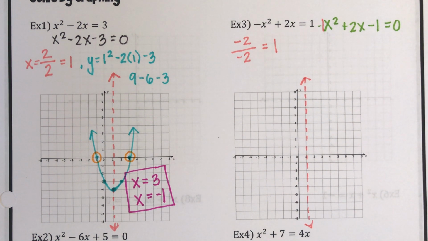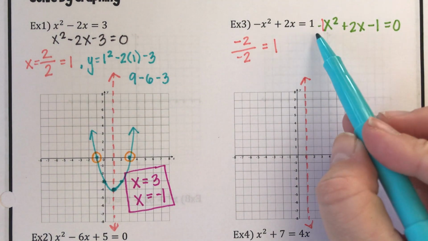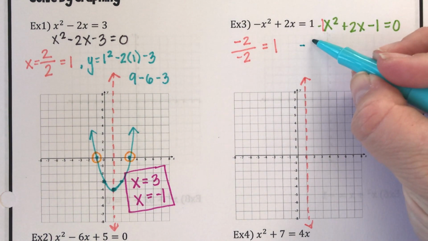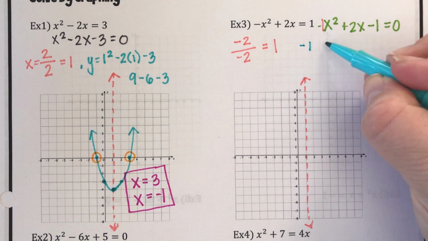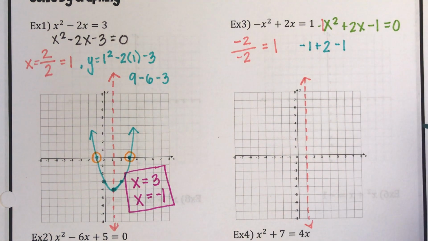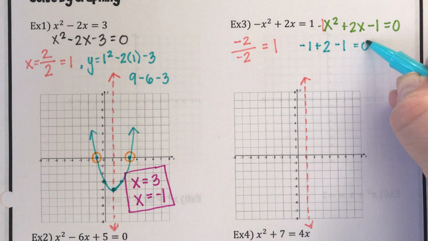So now what we're going to do is plug 1 into this quadratic, right? And we're going to see what the y coordinate of the axis of symmetry is. So negative 1 squared is negative 1, plus 2 times 1 is 2, minus 1 equals 0.